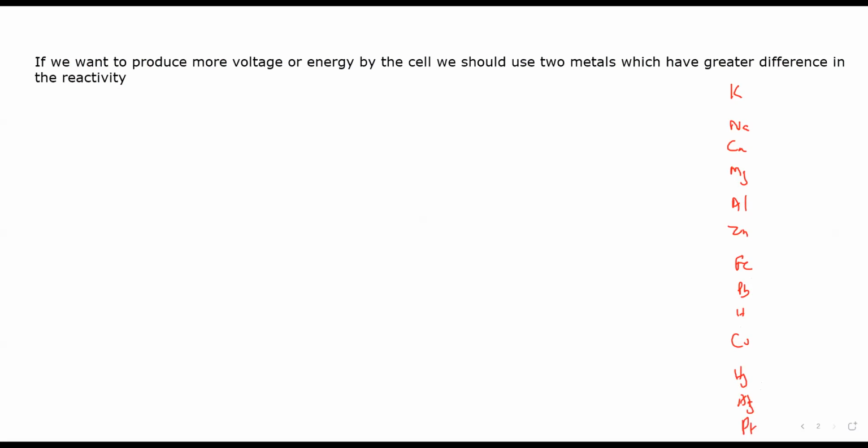Now for example, we have two electrodes. One is made up of magnesium and another one is made up of zinc. And in the other, we use magnesium and, say, lead or copper.